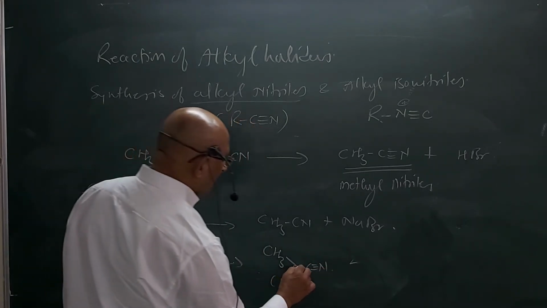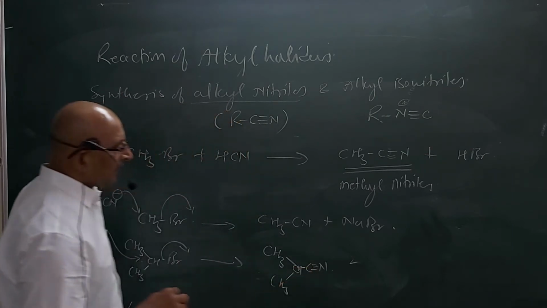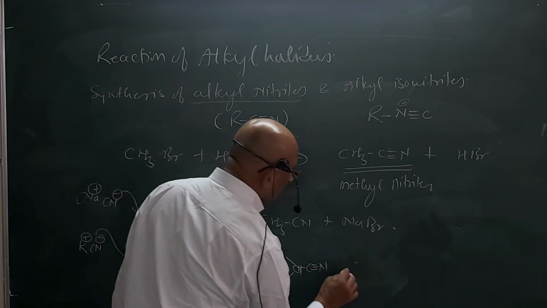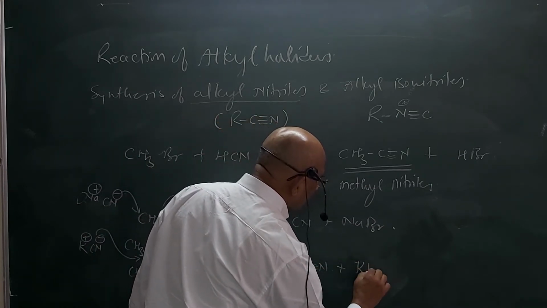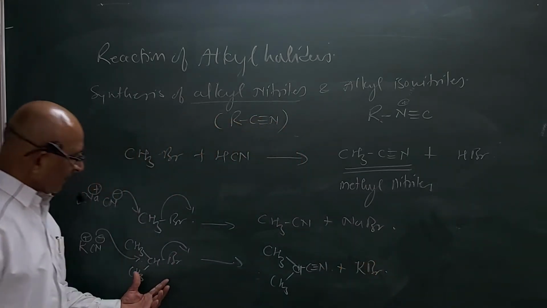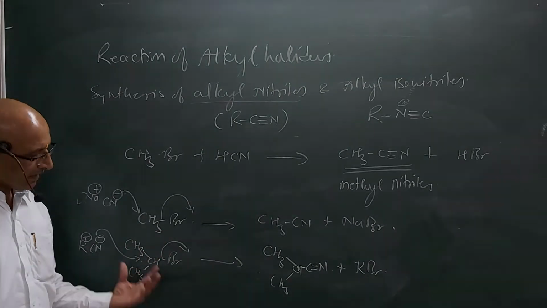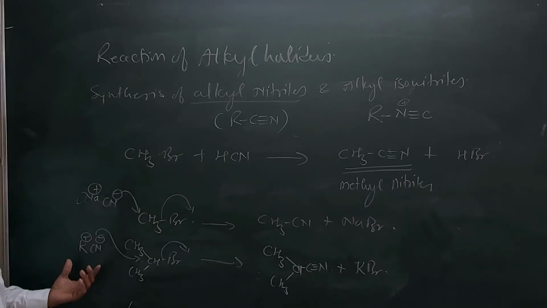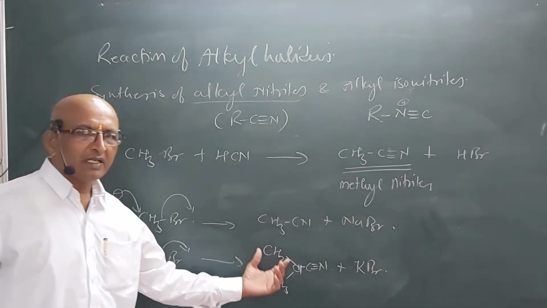Here, primary and secondary alkyl halides react smoothly with the cyanide, potassium cyanide or sodium cyanide, to give you the alkyl nitriles.